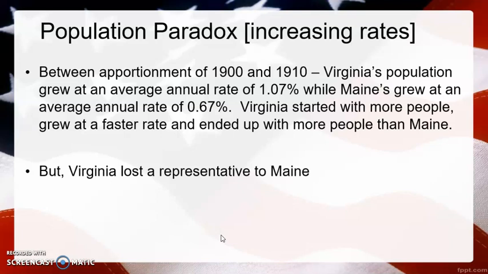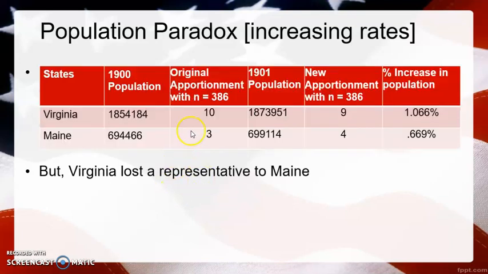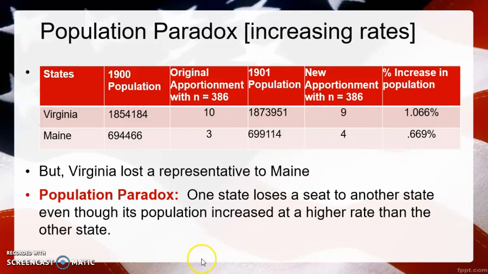But Virginia lost a representative to Maine. So the population paradox deals with population growth. Virginia grew at a faster rate than Maine did, but still lost one of its seats to Maine. So the population paradox occurs when one state loses a seat to another, even though the first state's population increased at a higher rate than the other state.